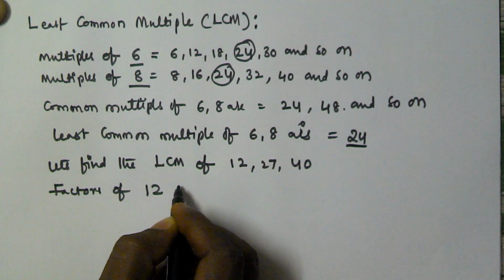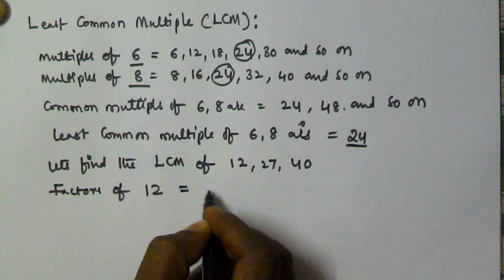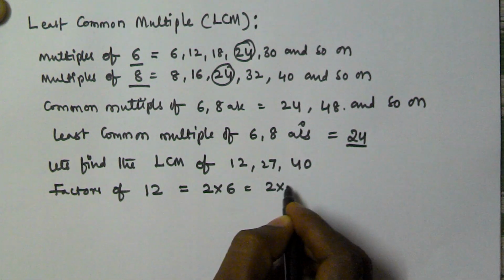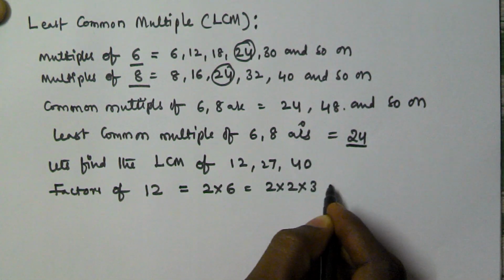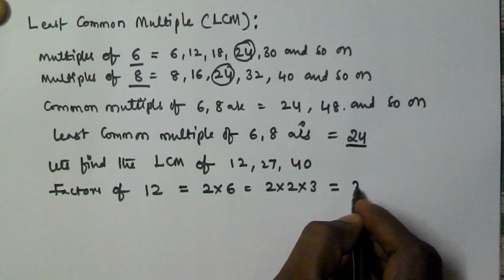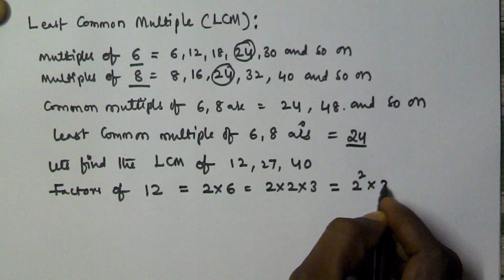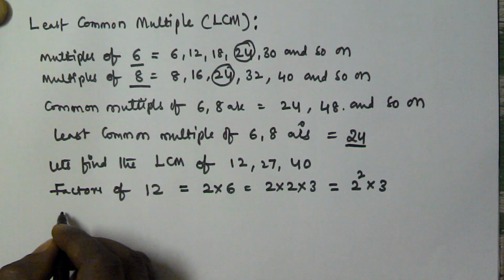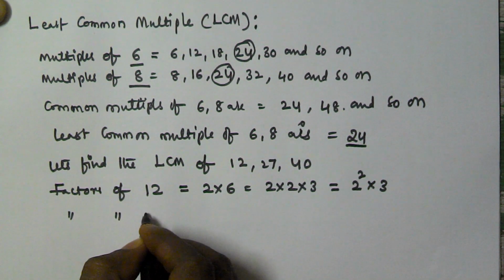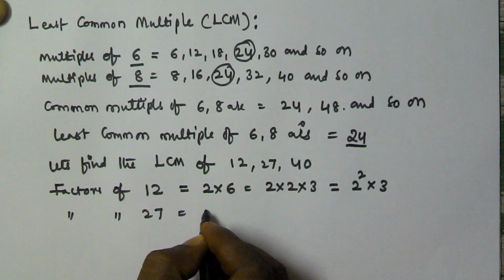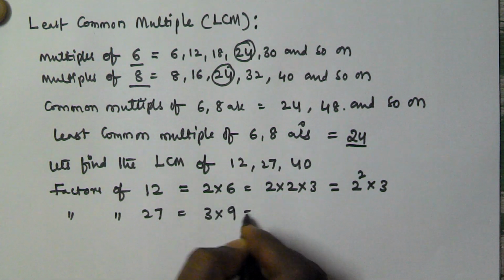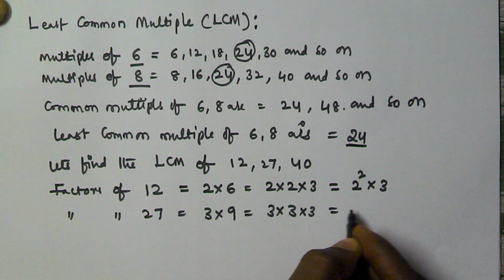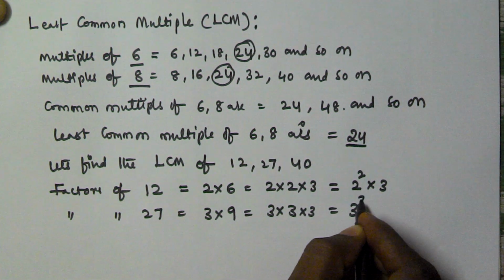Factors of 12 is equal to 2 into 6, equal to 2 into 2 into 3, equal to 2 square into 3. These are the factors of 12. Now the factors of 27. So 3 into 9, 3 into 3 into 3, and that is 3 to the power of 3.